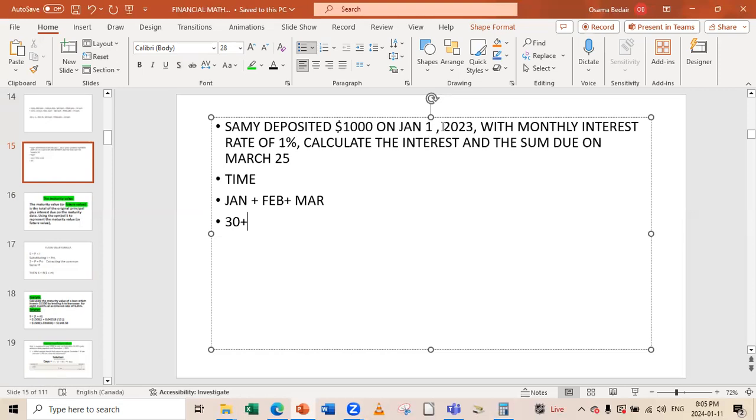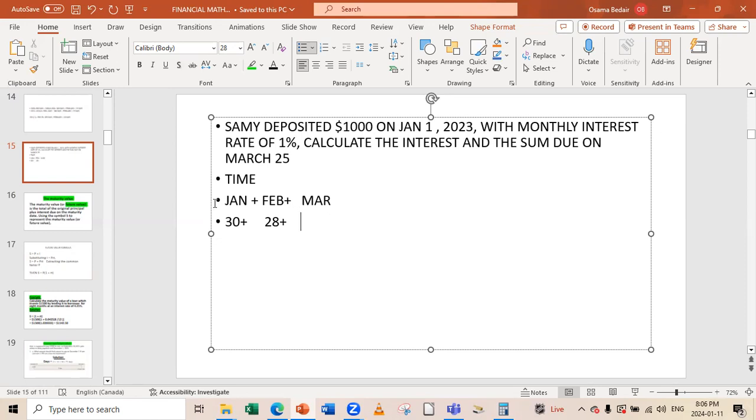February of this year is 2023. When I divide 2023 by 4, it will give me a fraction. So that means that February here will be 28 days. Then I will go to March. Plus March.